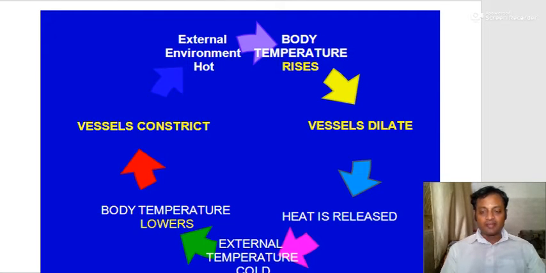When there is an increased temperature, vessels go for vasodilation, then heat is released. When the external temperature is cold, then body temperature is lower, then there is vasoconstriction. So this is the mechanism of maintenance of the body temperature by the skin.